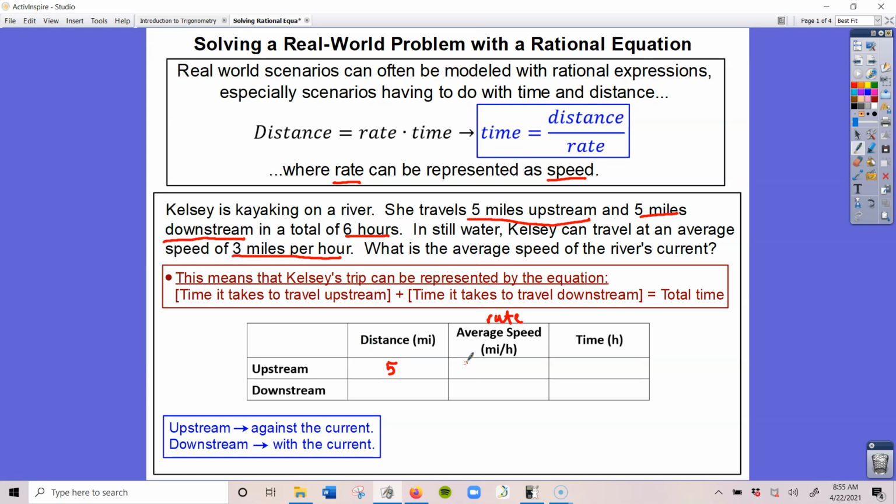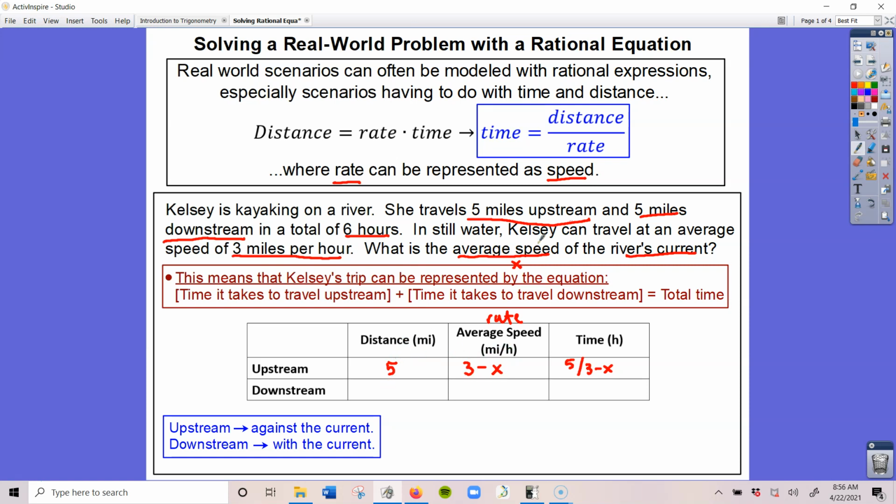So she's going at 3 miles per hour minus x, where x represents the speed of the river's current. So it's how fast she's traveling minus the current because she's going against it. It's going to slow her down. And that time in total, remember that time represents distance over rate, would be 5 over 3 minus x, the distance over the rate.